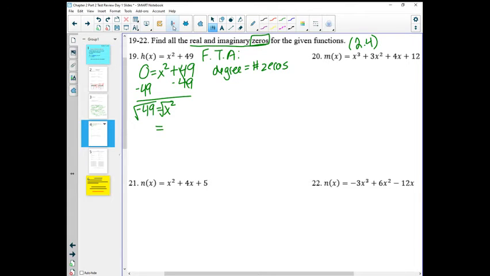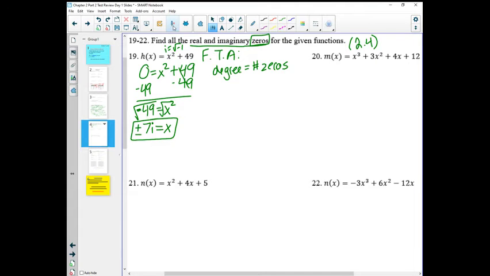The square root of 49 is 7. But because this is a negative, I'm going to use an i after the 7 because that's an imaginary number, right? i, we learned, is the square root of negative 1. That's why I have an i there next to the 7. I also took a square root, which means we need plus and minus there. x squared, when you take the square root of that, it's just x.